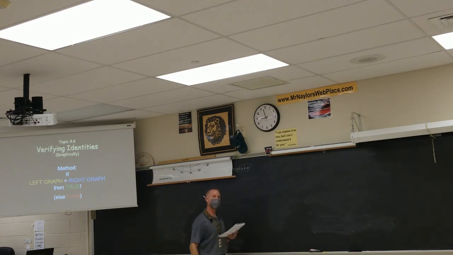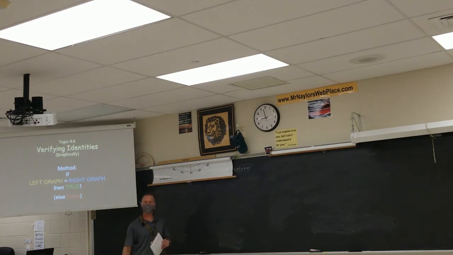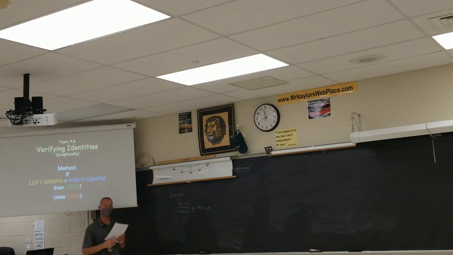I'm going to provide the example, but then we'll switch to Desmos to do most of the work. Okay, so take, for example, this statement: sine over cosine equals tangent.